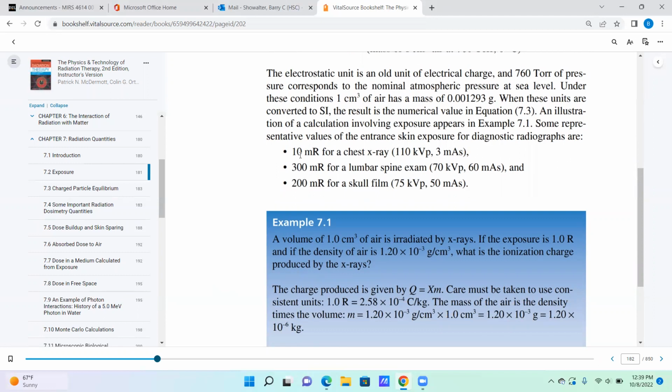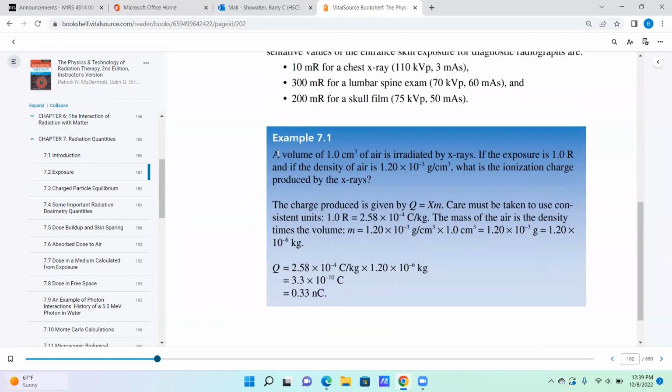If you've got entrance skin exposure for diagnostic radiographs, you're looking at 10 milliroentgen at 110 kVp and 3 mAs, 300 milliroentgens for a lumbar spine exam, and 200 for a skull film.